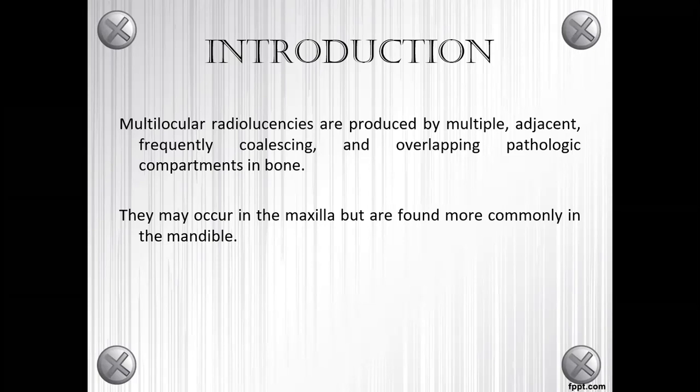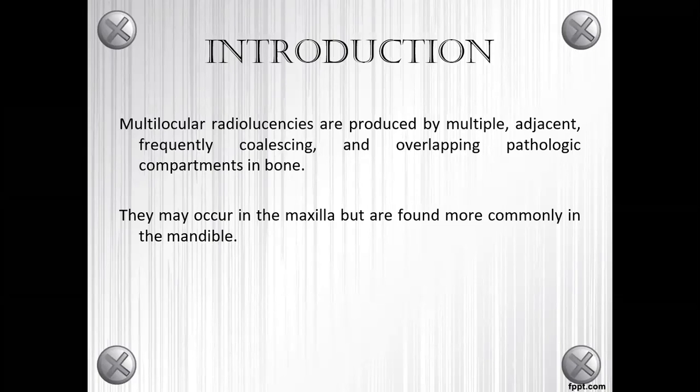But within the radiolucency, your OKC can also be multilocular. So there are multiple radiolucencies, meaning many radiolucencies in the jaw, which is OKC. But if there is one lesion in the body and ramus area, within the radiolucency there is multilocularity.